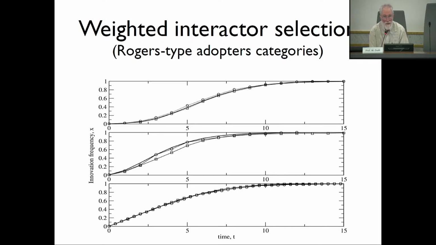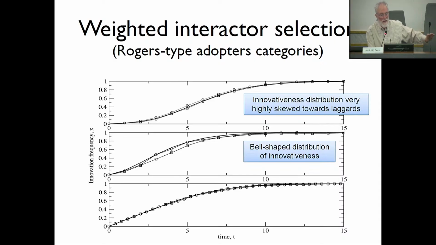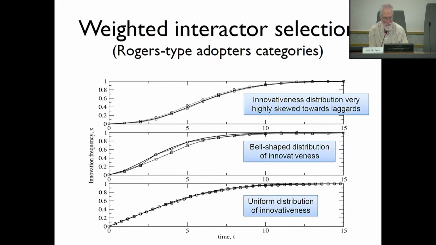So it is possible to produce an S-curve, as you can see from this top one. That's when the distribution is very highly skewed towards laggards. There's lots of laggards. If you get a bell-shaped distribution where you have a few leaders, a lot of people in the middle, and a few laggards, then it's more like the R curve again. And if you have a uniform distribution of innovativeness, so the number of leaders, middle groups, and laggards is the same, the subgroups are all the same in population, then you get something that's more like the R curve again. So those won't work.